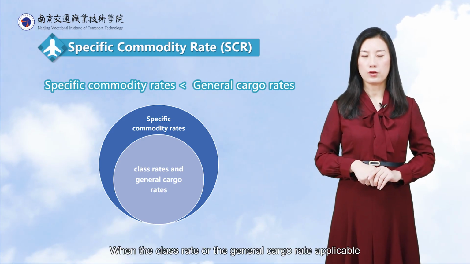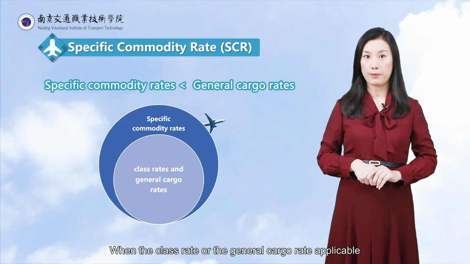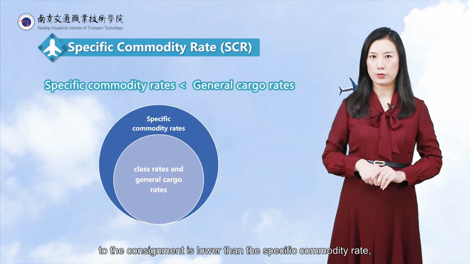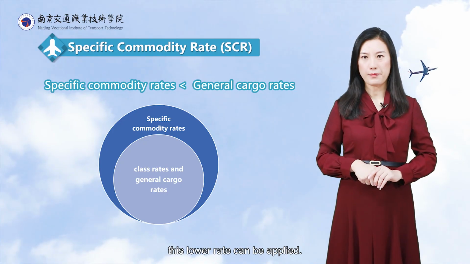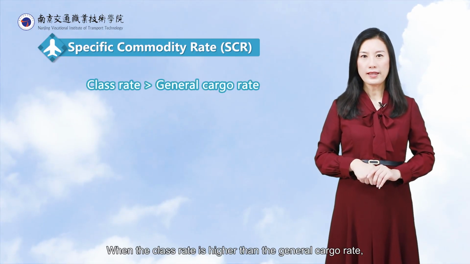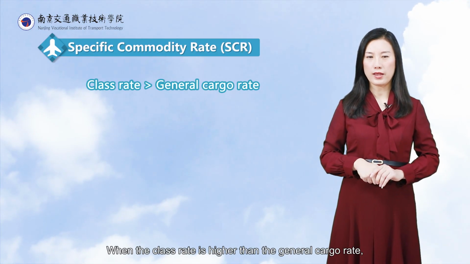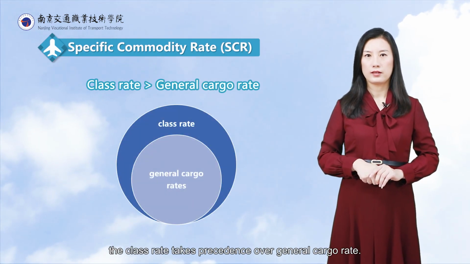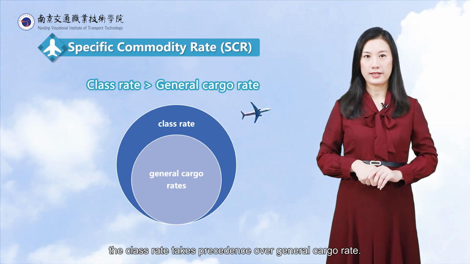When the class rate or the general cargo rate applicable to the consignment is lower than the specific commodity rate, the lower rate can be applied. When the class rate is higher than the general cargo rate, the class rate takes precedence over general cargo rate.